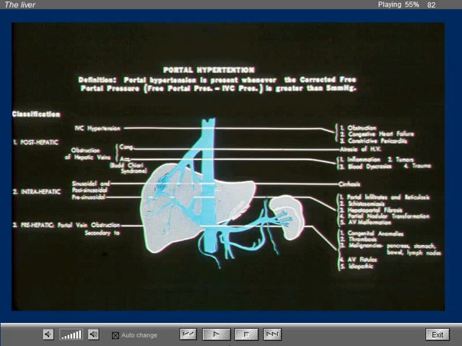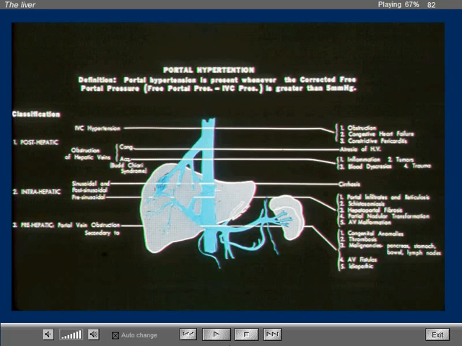Usually the acquired conditions are the most common, and they are usually called Budd-Chiari syndrome. Later we will discuss it in greater detail. Budd-Chiari can be the result of increased intravascular coagulation, like some types of blood dyscrasias. It can be inflammatory, neoplastic, or secondary to trauma.